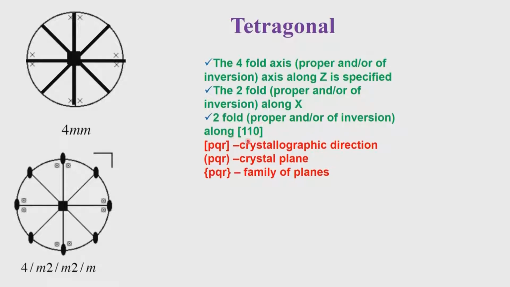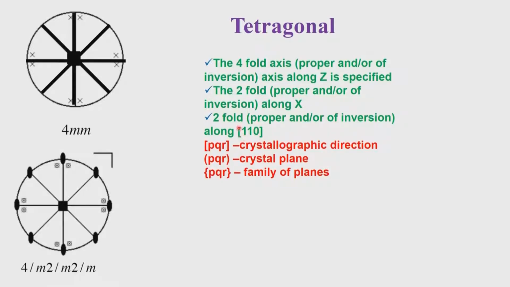What we mean by this [1 1 0] is whenever we have a nomenclature like this in square brackets, it means that it is a direction from the crystallographic point of view. Suppose we have a crystal structure with A, B and C as the directions, x, y, z are the directions with which A, B and C will now coincide, in which case we will say that [1 1 0] means 1 unit along the x direction, 1 unit along the y direction and 0 along z.